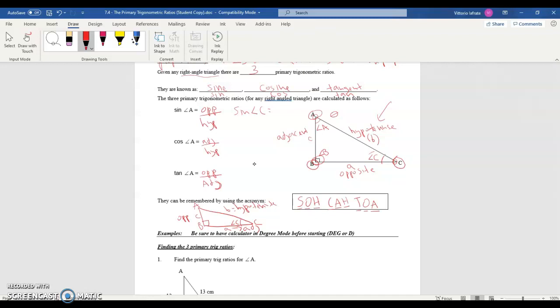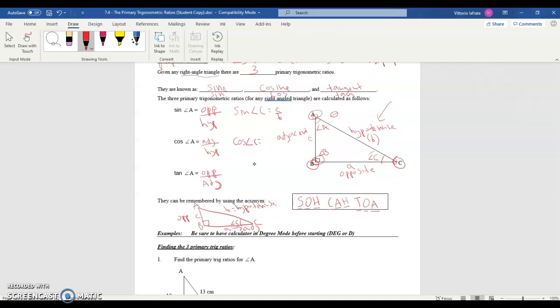So if I asked you for sine C, sine is SO, opposite over hypotenuse. So we're going to take side C, little c, over hypotenuse, which is B. I'm just writing the letters out instead of writing opposite over hypotenuse, just so we know what side we're looking at. If I asked you for cos of angle C, cos is CAH, so adjacent over hypotenuse.